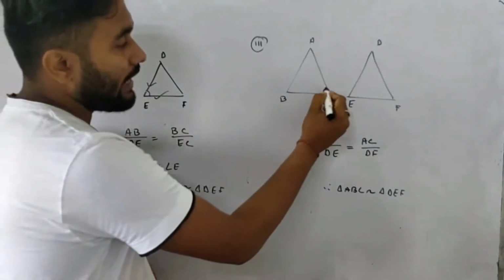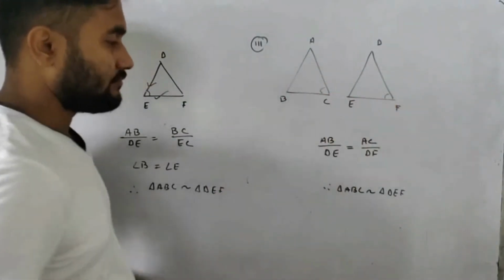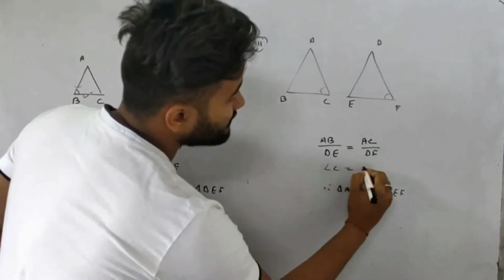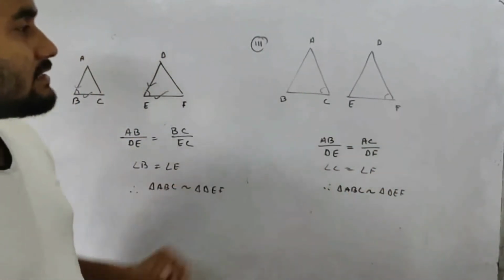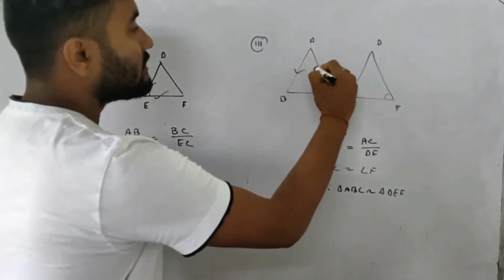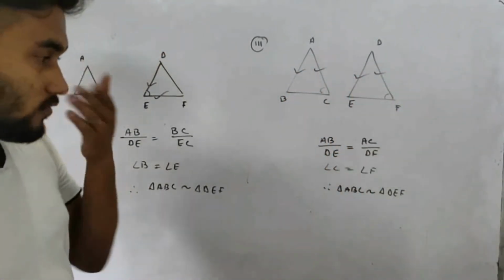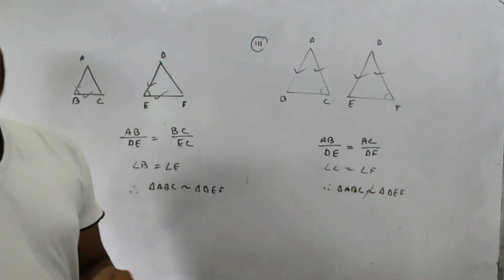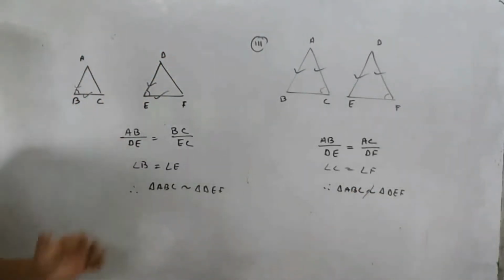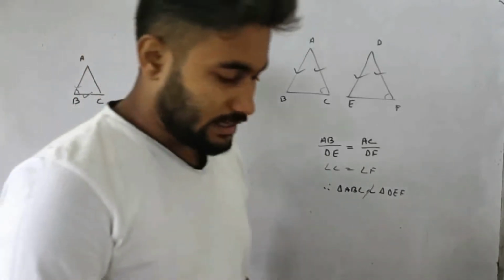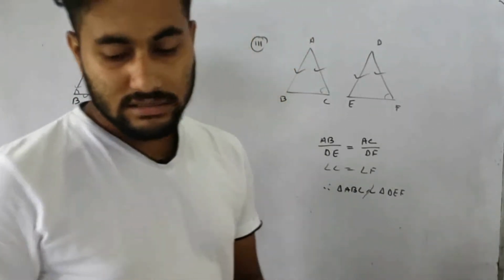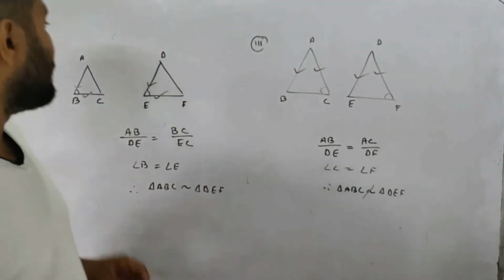But you have shown that angle C is equal to angle F. Now angle C is not lying between these sides and angle F is not lying between these sides. So you cannot say that the triangles are similar. Understood? So these are the properties we will use to solve the exercise, to show that the triangles are similar. Now one more thing that I will say.